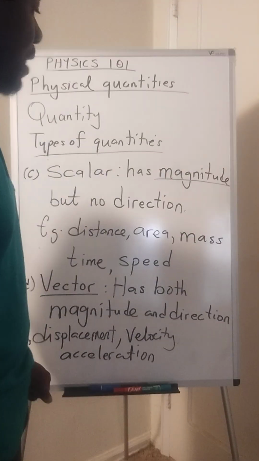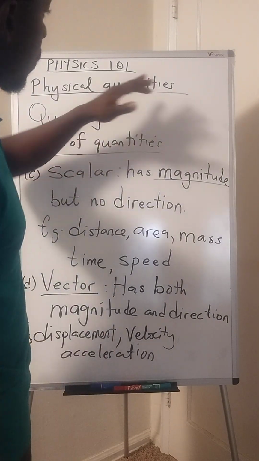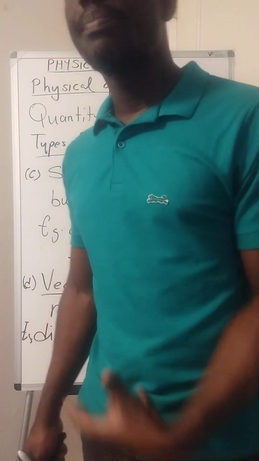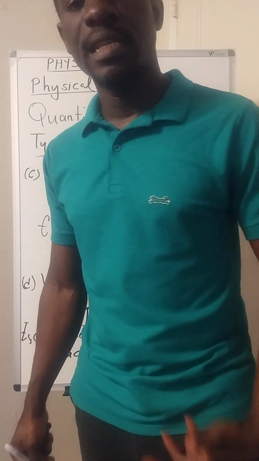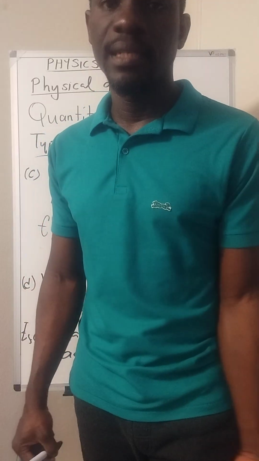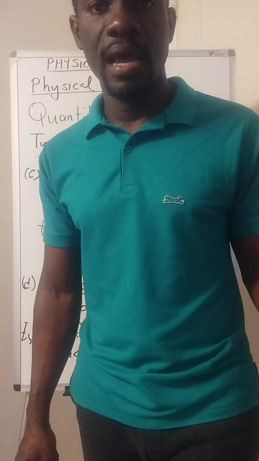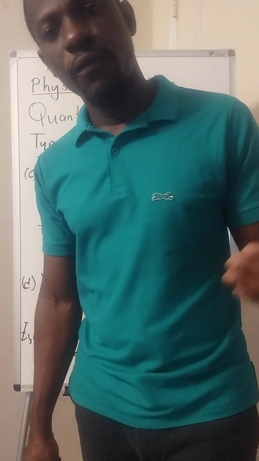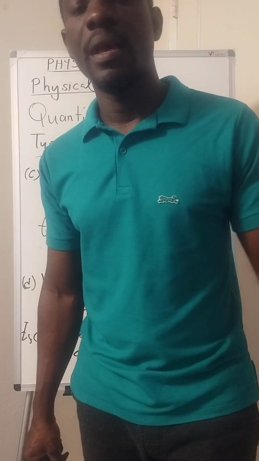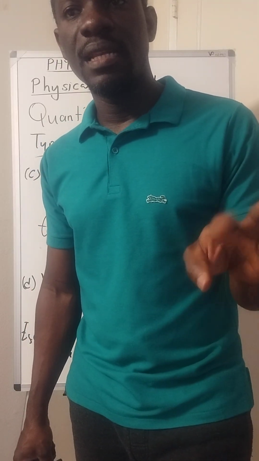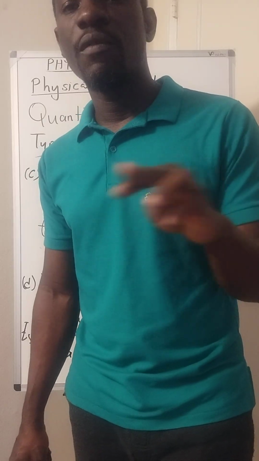And so to wrap it up, a physical quantity is any quantity that has a measurable property which is expressed in a numerical value with unit. Then we said that we have 4 main types of physical quantities. We have the base quantity or the fundamental quantity. Sometimes they are used interchangeably, but they all form the same.